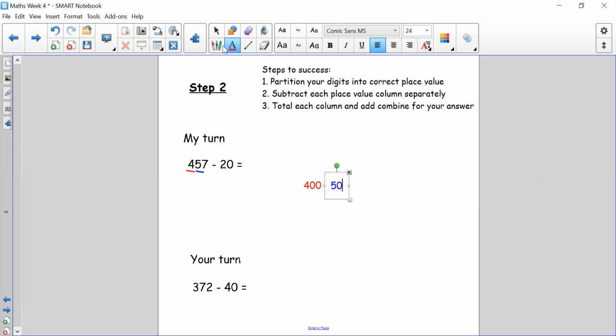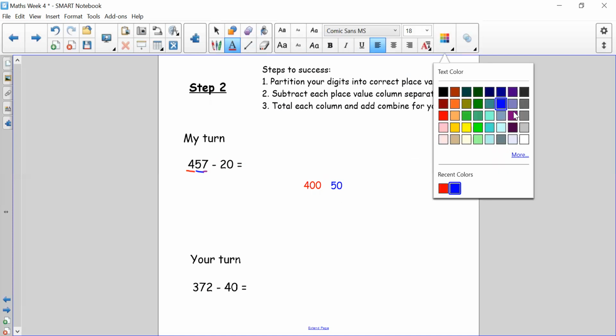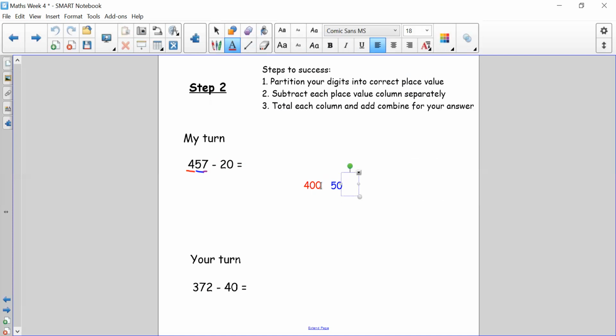And then we have 7 ones. So we need to make sure we're putting 7 in there as well. So we have 457, making sure our digits are all in line. They're all in the right place value column. We have our hundreds, our tens, and our ones.